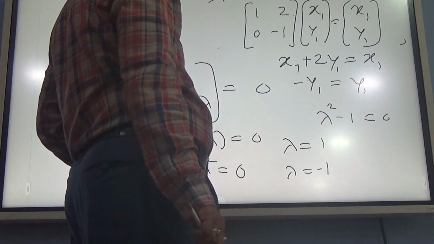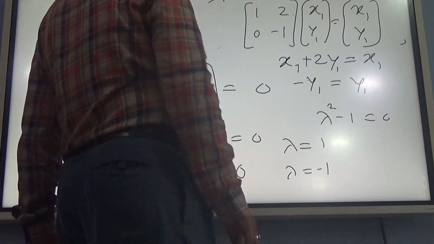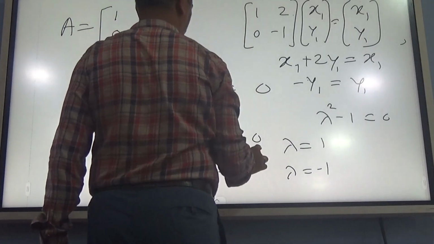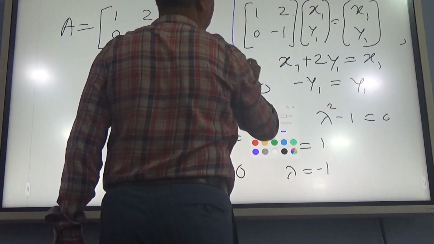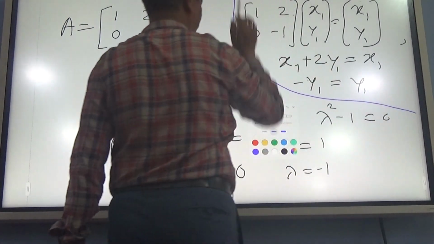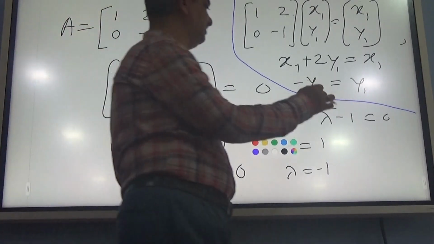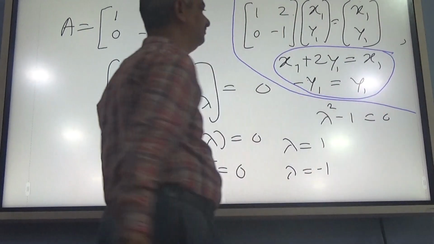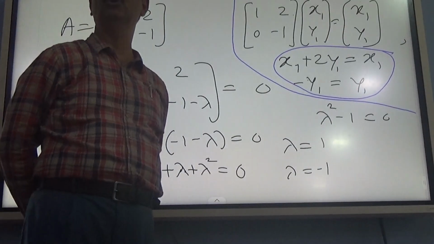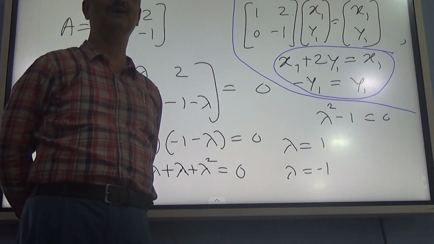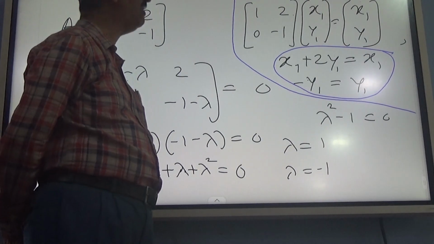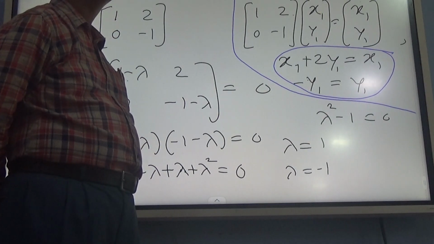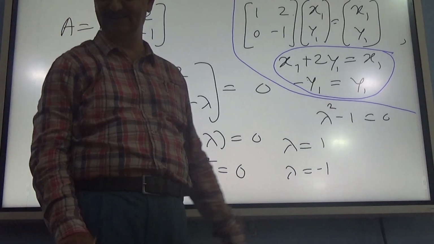So now it's interesting. Focus on these two, and you must get the answer. So minus y1 equal to y1, what does it mean? y1 is 0. Put that y1 equal to 0 above. Now tell me what is the answer.